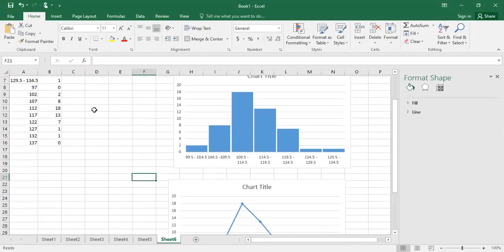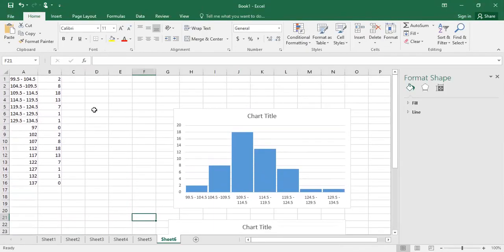And we want to use the cumulative frequency together with the class boundaries, just the lower class boundaries and the upper class boundaries alone. So I will start here with 99.5, 104.5, 109.5.